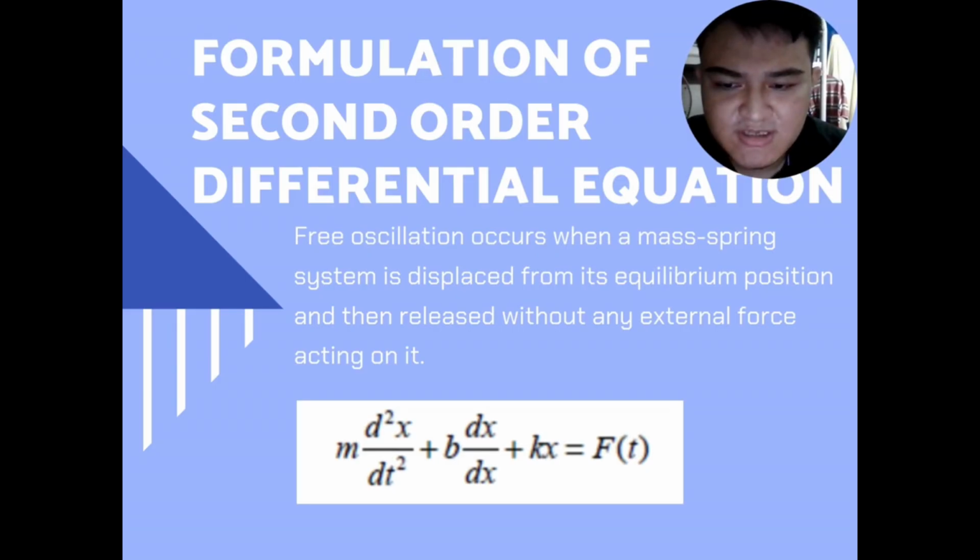Okay, for this slide, we will be looking at the formulation of the second order differential equation that describes the oscillation. The oscillation happens when a mass spring system is displaced from its equilibrium position and then released without any external force acting on it.